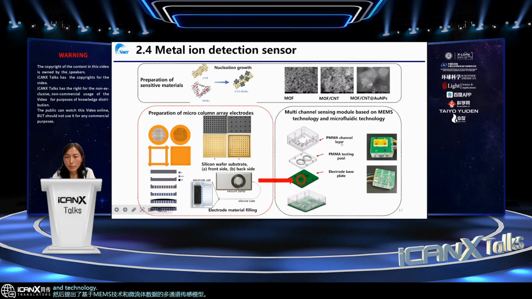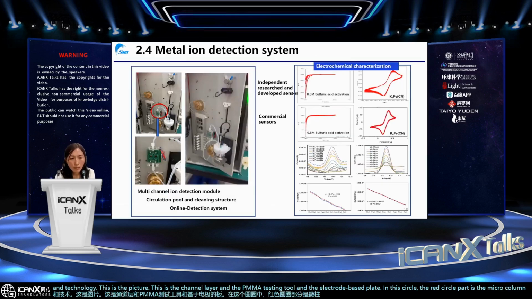This is the picture. This is the channel layer, the PMMA testing tool and the electrode-based plate. In the red circle is the microcolumn array electrodes.